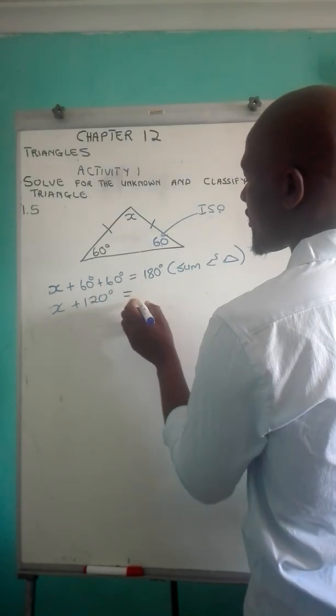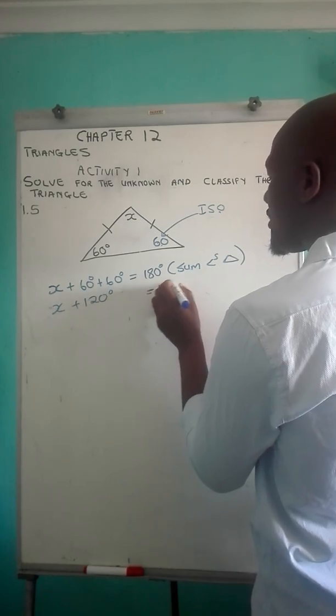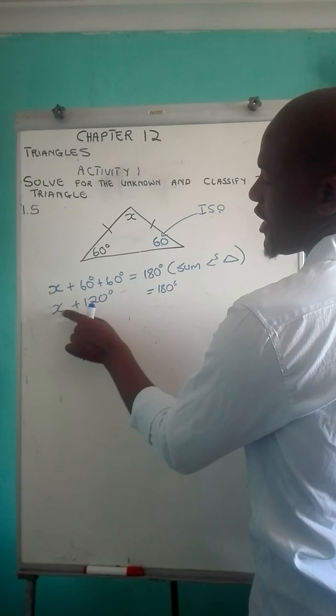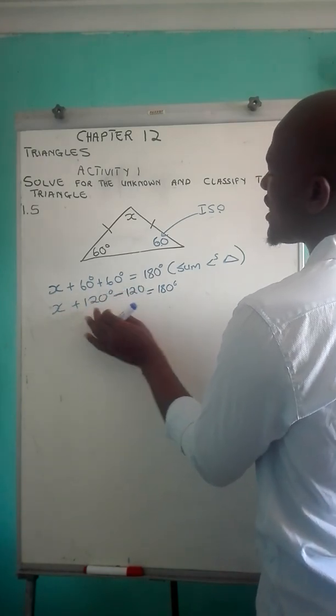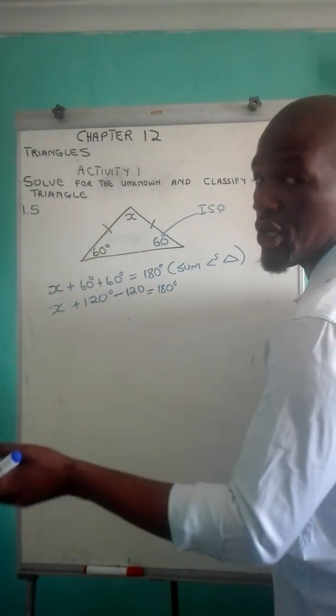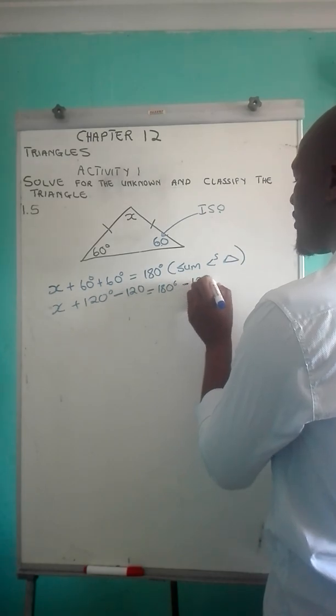So 60 plus 60 is 120, which is equal to 180 degrees. But I don't want 120 here, I need x. So add an additive inverse, which is 120, same number but different side. What you do on the left hand side, you also do on the right hand side. Yes, minus 120 degrees.